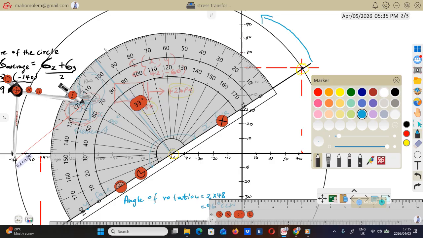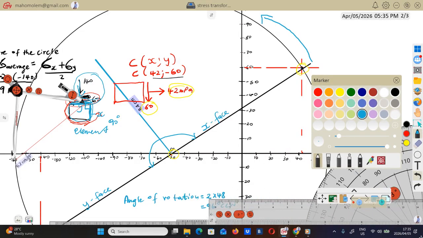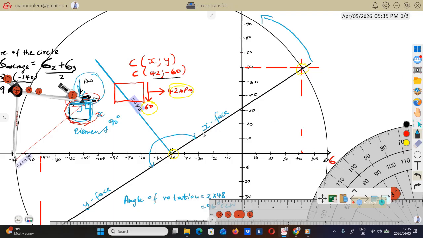Once we've measured that 96, you can move this protractor away. So the angle from this x face line, which is 0, to this is 96 degrees. So now I can just extend this line.